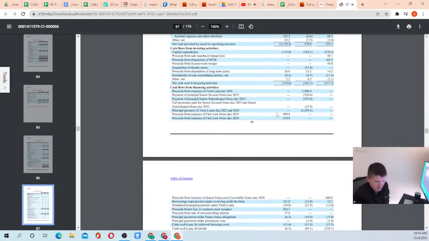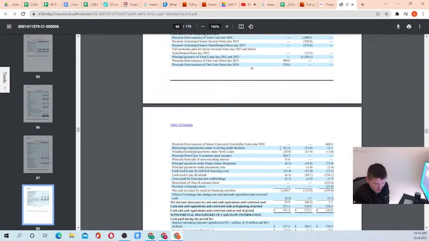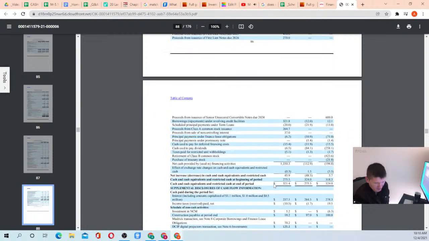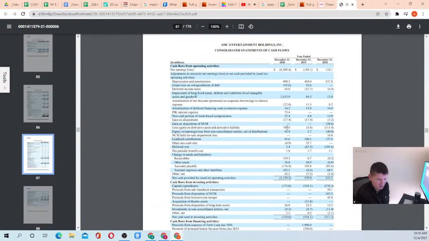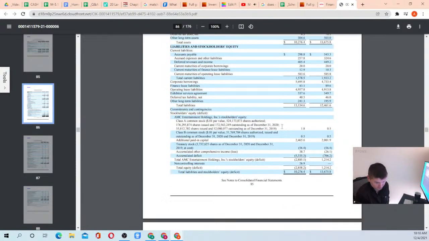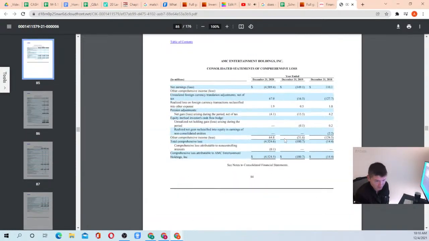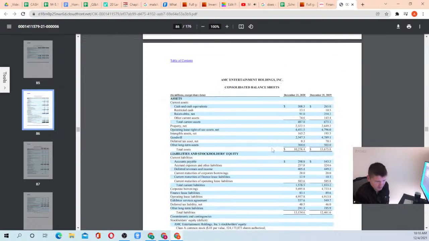So dividends, buybacks of stocks, and all of that. And as you can see, they've managed to issue quite a bit of different notes and borrowings, and they attracted that 1 billion of capital, and they were able to survive despite their 5 billion of losses.